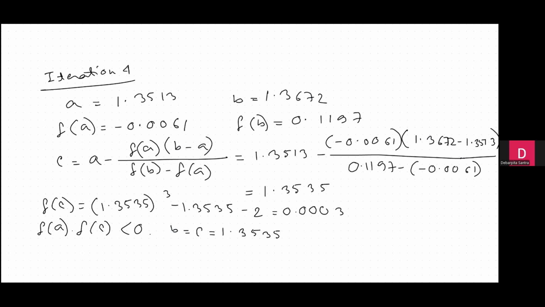So we move on to iteration number 5. Let me delete this page content. At iteration 5, we see that a is equal to 1.3513, b is equal to 1.3535.